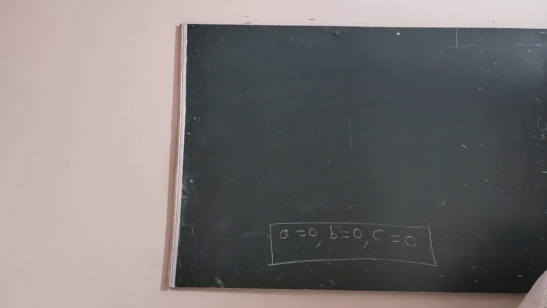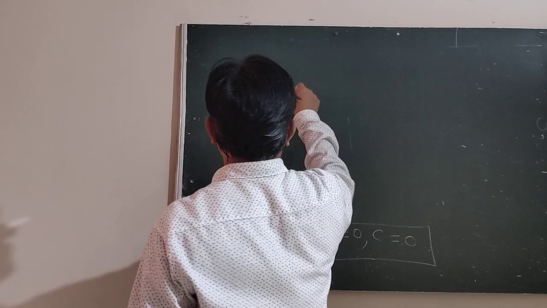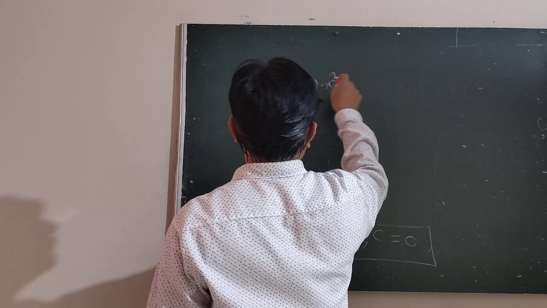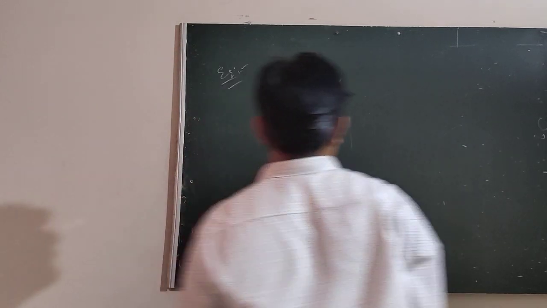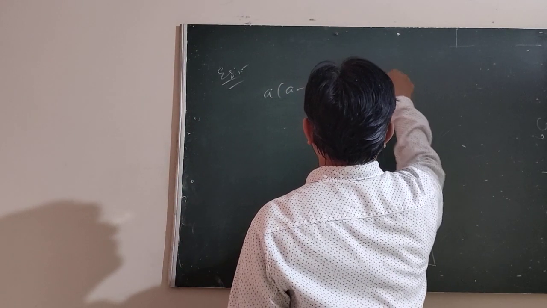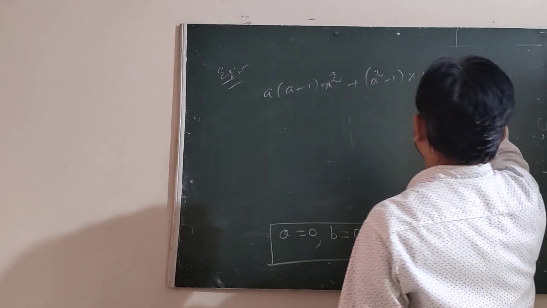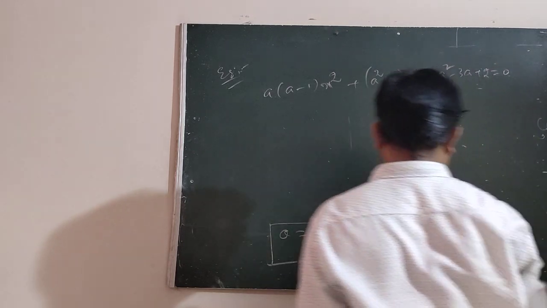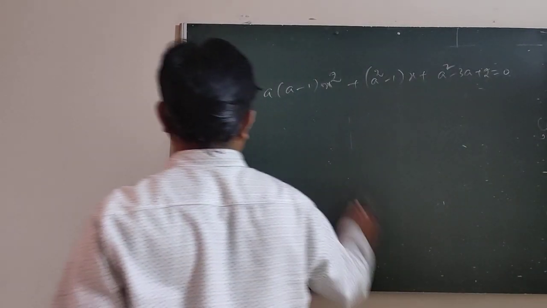Therefore, in the question, suppose we have the equation a into a minus 1 x square, a square minus 1 into x, a square minus 3a plus 2 equal to 0 be an identity. Then find the value of a.